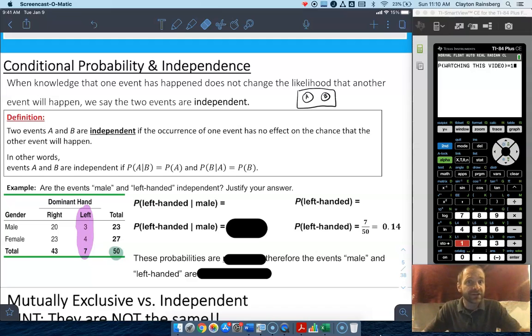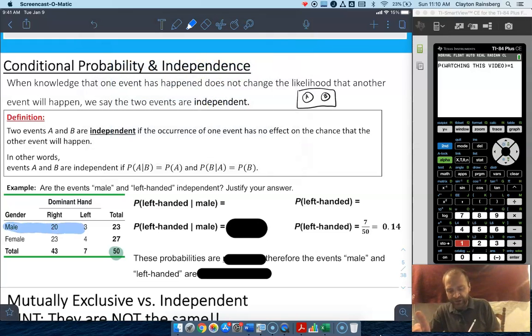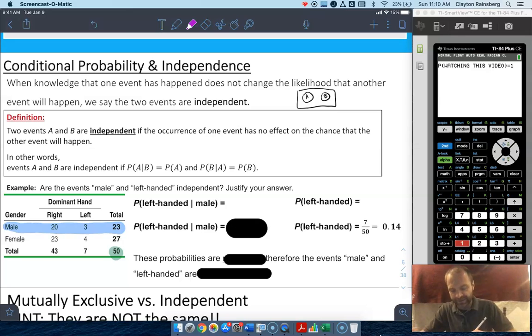So let's do our conditional probability now. So probability of being left-handed, given that they are male. So given that this event occurred first, what's the probability of the person being left-handed? And so now we're looking here. Well, where do these two intersect? Well, you have 3 of them. Out of how many in this case?